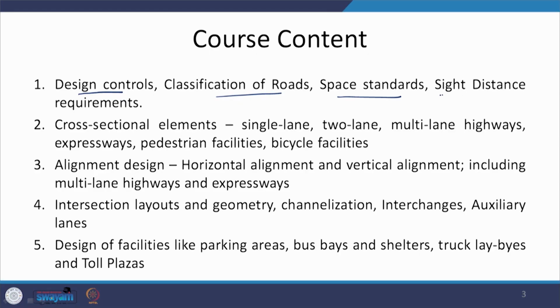One important aspect in the design is the visibility available to a road user or a vehicle driver ahead on the path or on a road, and that is where the sight distance requirement is another important aspect we are going to talk about here. We will look at this in terms of overtaking also.